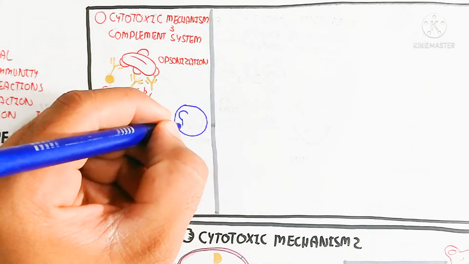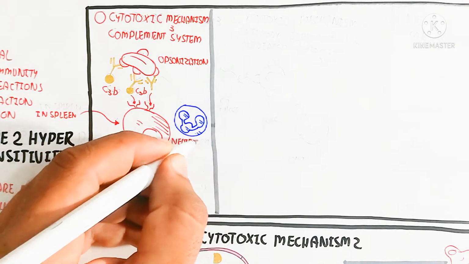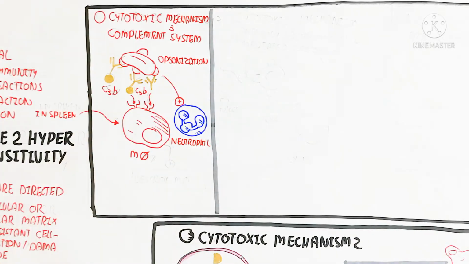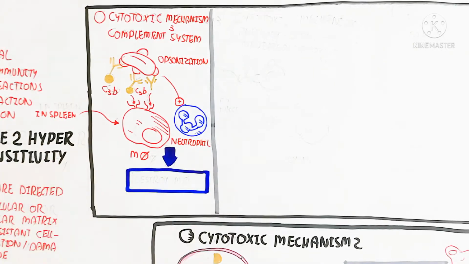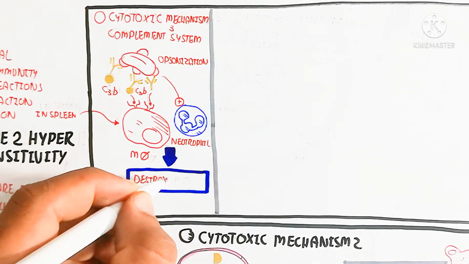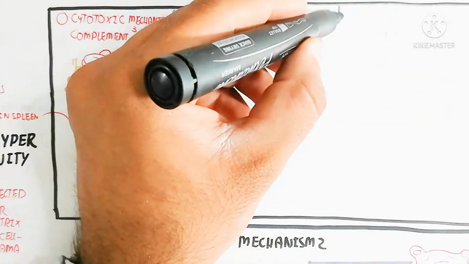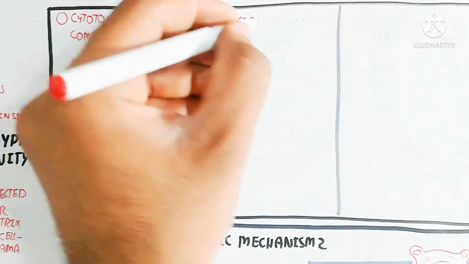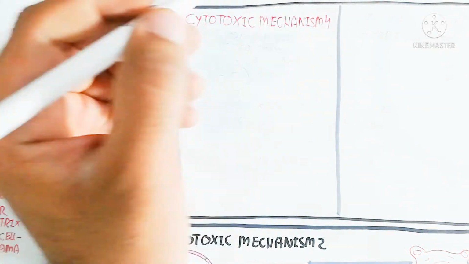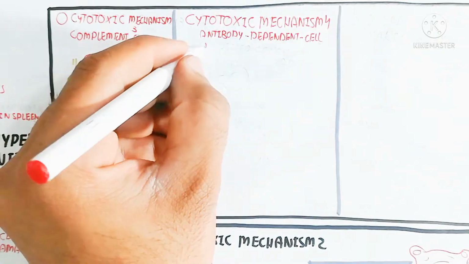So it will go into the spleen, and the macrophage will filter this opsonized antibody-antigen complex, and it will recognize it via a C3b receptor or only an Fc receptor on the macrophage and neutrophil. So it will be destroyed by the macrophage and neutrophil. The neutrophil also produces inflammatory mediators which attract more neutrophils and macrophages. So inflammation will be caused.